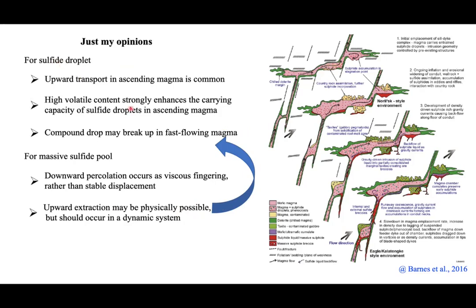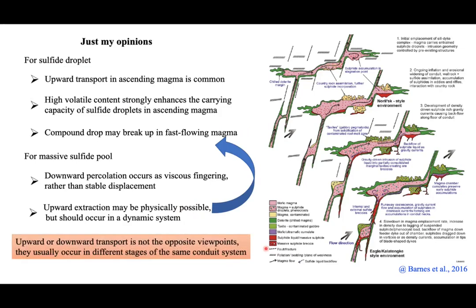Returning to this story, this is the figure from the steel bands. So I think the upward and downward transport are not opposite viewpoints. They may usually occur in different stages of the same conduit system.